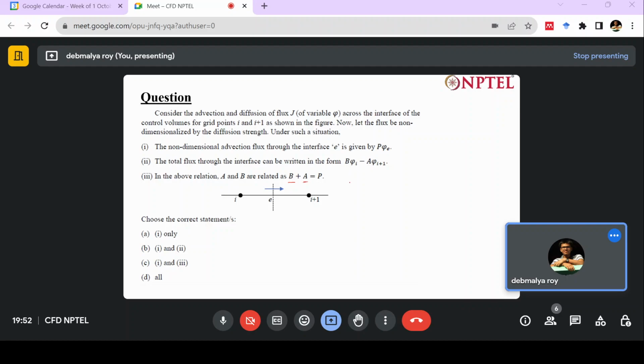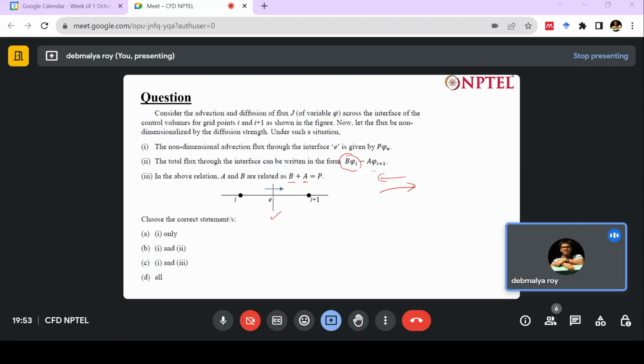So this is going this side, and this A is similarly multiplied with this phi I plus 1 to get the flux value across the interface E from the other side.